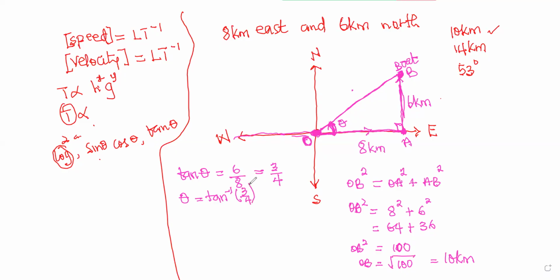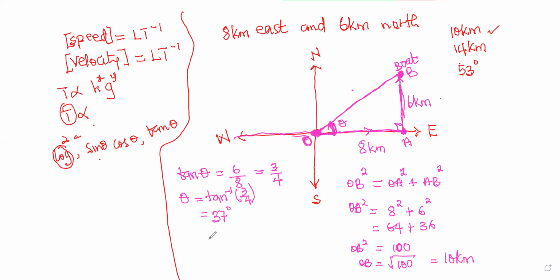What is the tan inverse of 3 over 4? Press it on your calculator: 36.86. To the nearest degree, that is 37.